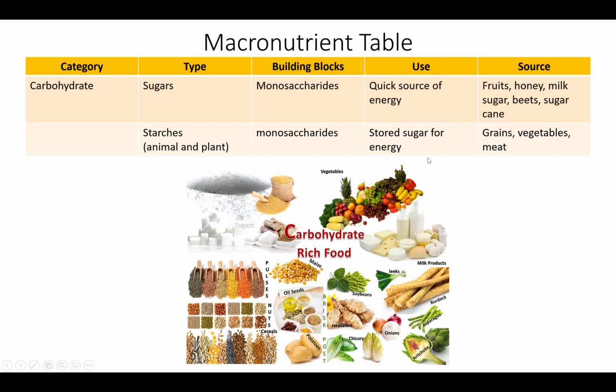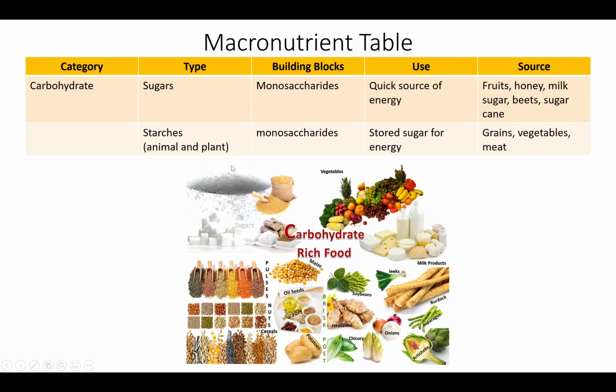So when you eat food, if it's already in a simple sugar form, like a piece of fruit or processed food where they add sugar to it, table sugar or sucrose is what that's called, then your body will break that down very quickly right off the bat for energy. It'll break it down into the monosaccharide glucose. If you have more glucose than you need for your body, then you will store it first in your muscles.